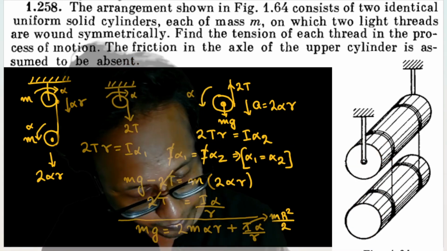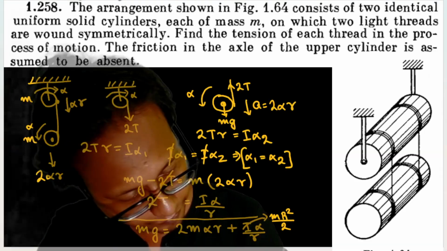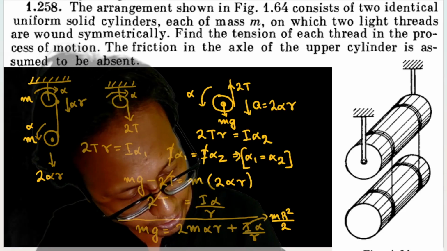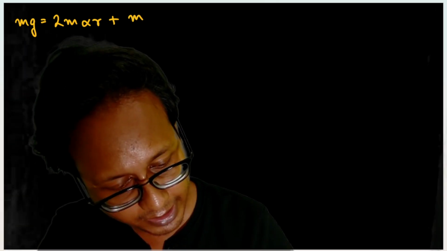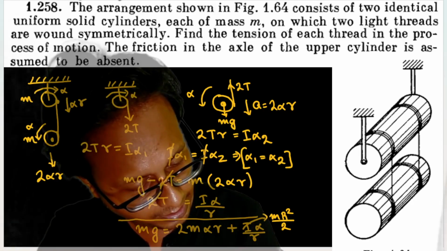So let me write this equation. mg is equal to 2m alpha r plus m r square by 2 into alpha by r. Isn't it? Into alpha by r.